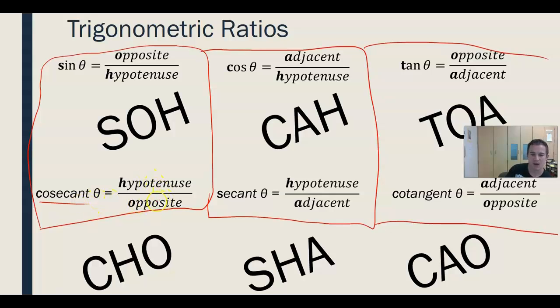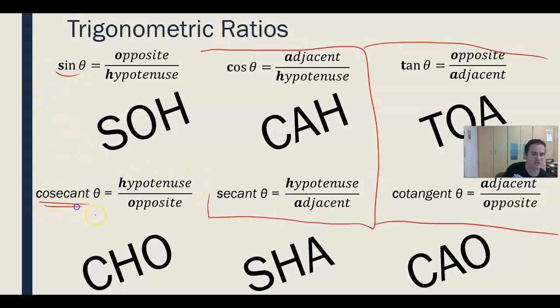Cosecant is hypotenuse side divided by the opposite side. So notice these are just flopped. So sine and cosecant are opposites of each other. Their ratios are flipped. Cosine and secant are opposites of each other. Their ratios are flipped. Tangent and cotangent are opposites of each other. This is opposite divided by adjacent, adjacent divided by opposite.